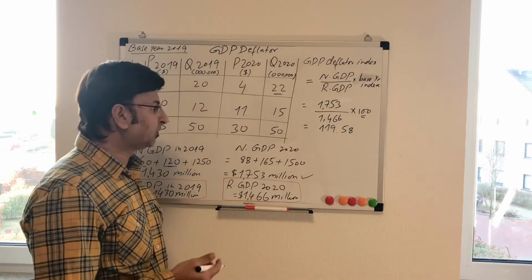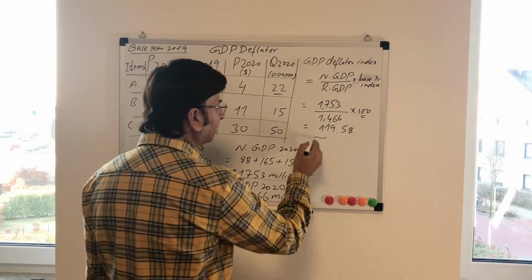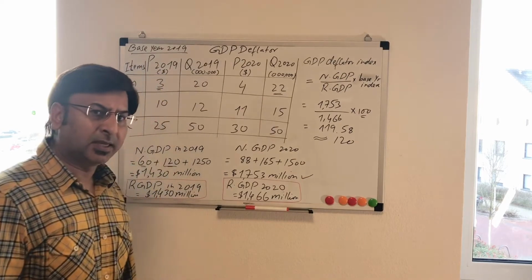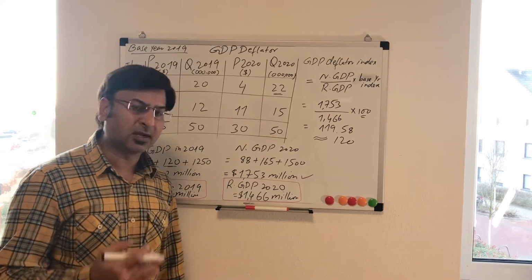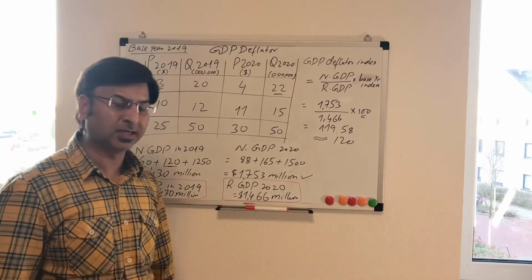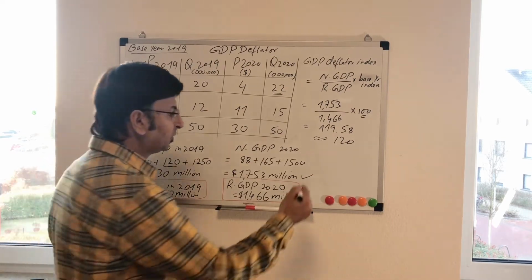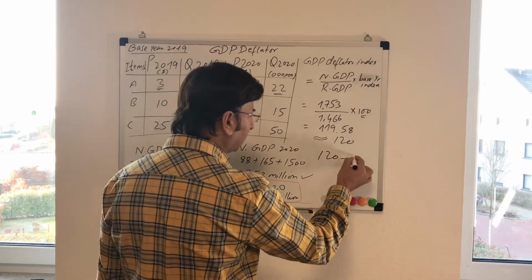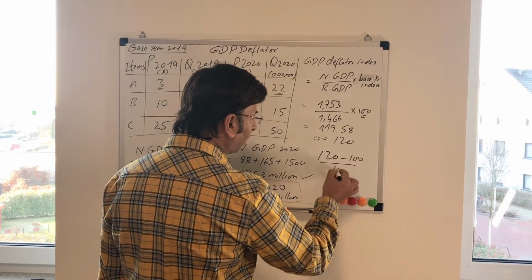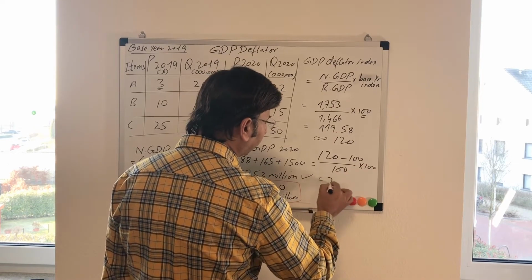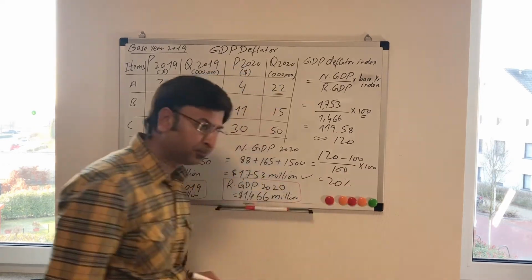Rounding it off, we could say approximately 120, which means that the inflation index has gone up by 20%. Obviously this is an index, so you have to convert that into inflation rate, which is going to be 120, the current year index, minus base year index over base year index times 100. So you could see obviously this is 20%.